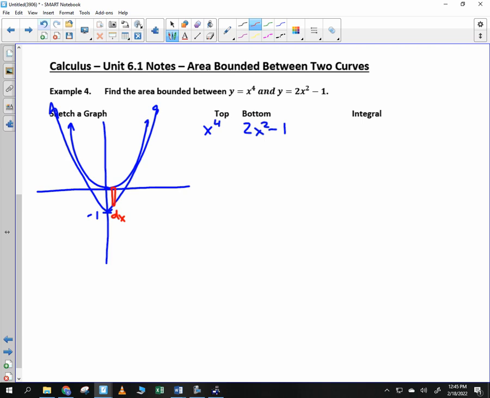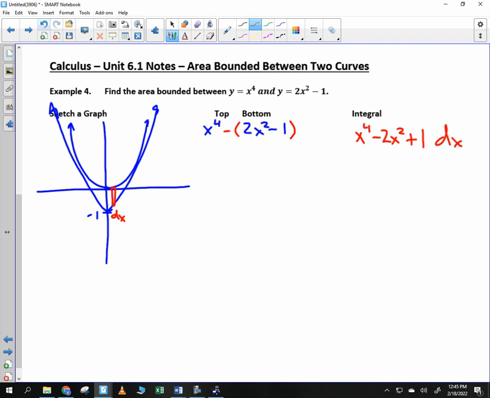Therefore, the area of one of those rectangles will be dx, the width, times the height. And the height is x to the fourth minus 2x squared plus 1. Why did I write x to the fourth minus 2x squared plus 1? When you subtract, make sure you distribute that subtraction sign, okay? That's the area of one.